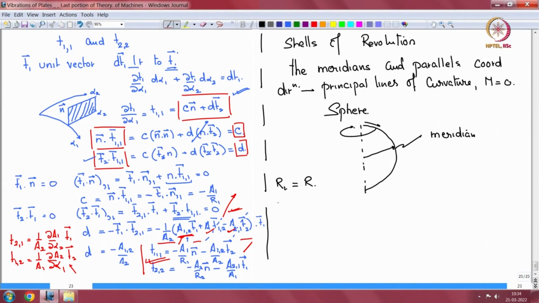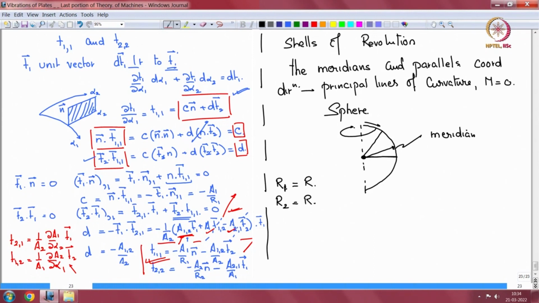Okay. The other radius of curvature is the intersection of the normal with the axis of rotation, the distance. Okay. The normal is coming this way, and it intersects the axis at the center, and that also is equal to r.